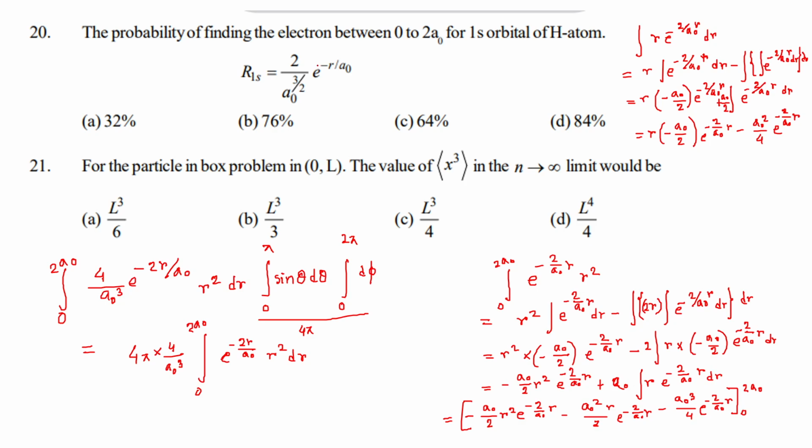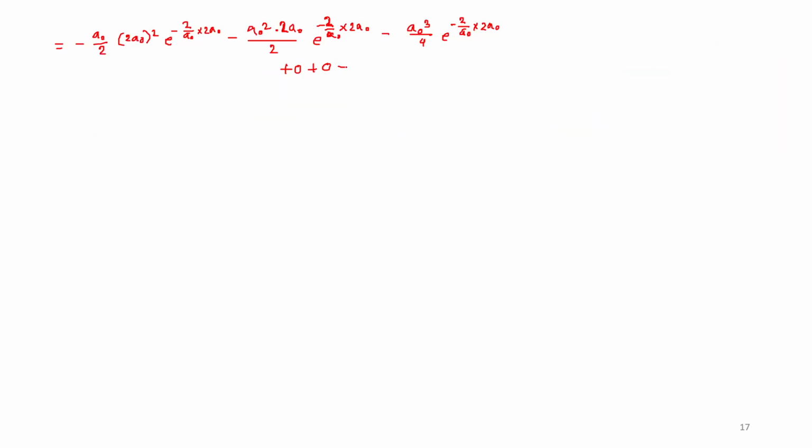So I am putting 0 in place of R now. So that leads to 0, and whatever this term will be 0. The A0 cube by 4 e to the power term would be 0. Now let's see what did we get from here ultimately.